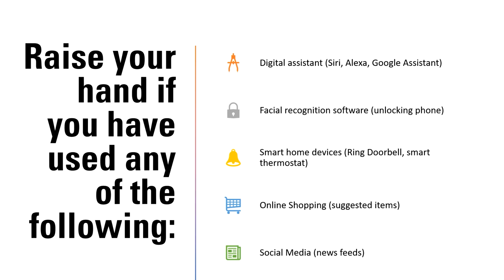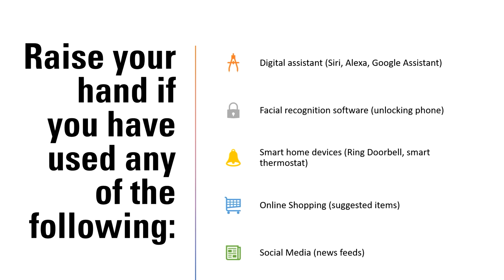When I teach this class in person, I usually ask everyone to raise their hand, or if you're online, type in chat. But in this case, create a mental note if you've used any of these services before. Things like digital assistants, facial recognition software, a smart home device, suggested items for online shopping or advertisements, or social media like Facebook, X, Instagram, or TikTok.